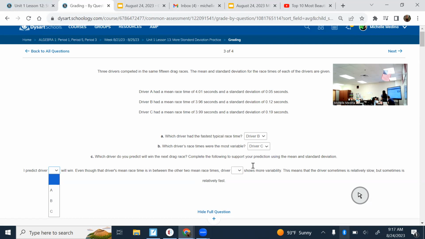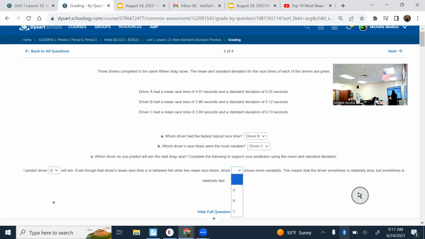B has the shortest time, but the second most variable time. So he's less consistent than say driver A, but driver A also takes the longest. But let's see what the rest says. Even though the driver's mean race time is between the other two, so that has to be driver B then. That's who we're talking about, between the other two.